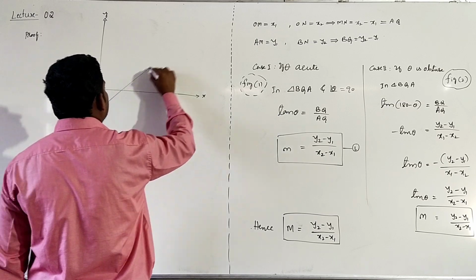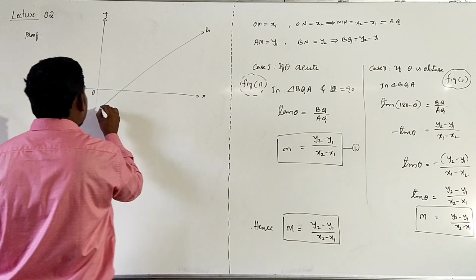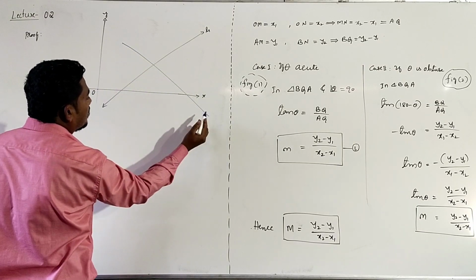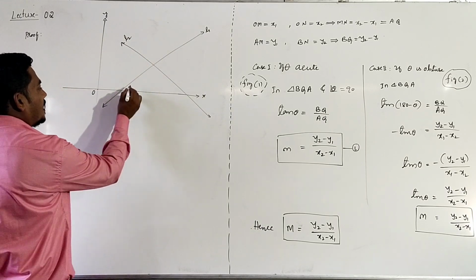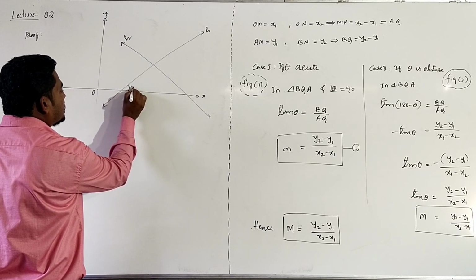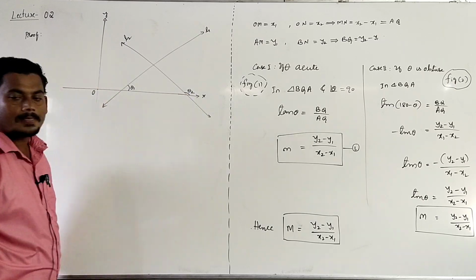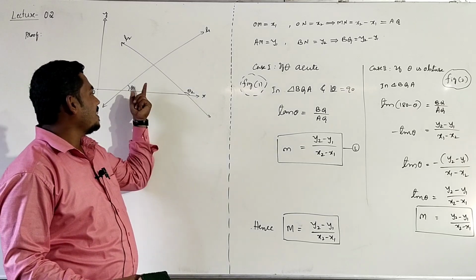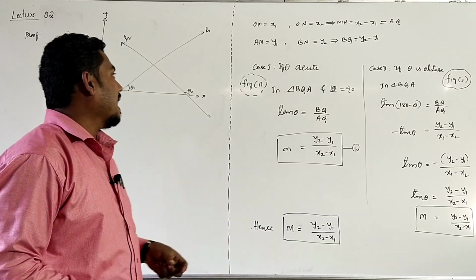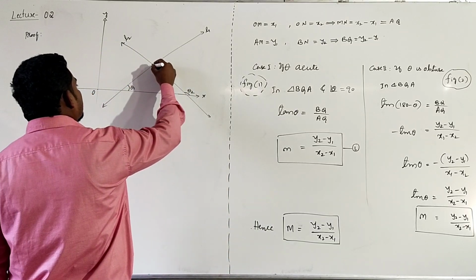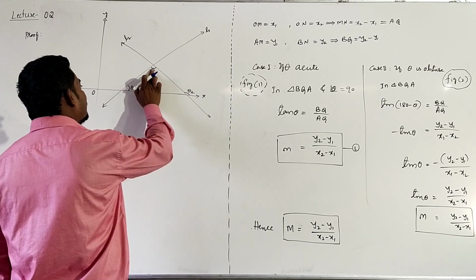Consider two straight lines. One of the lines is L1, right, and take one more line, line 2, L2, right, and take the inclination of line 1 as theta 1 and the inclination of line 2 as theta 2, right. And take this angle theta. What is theta?